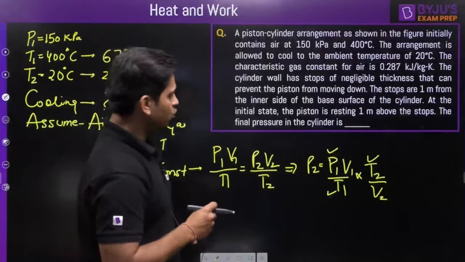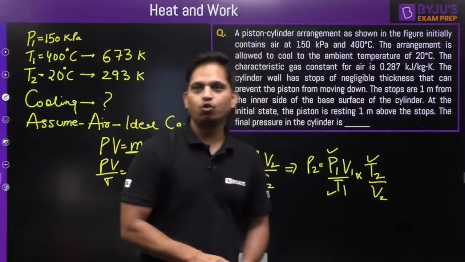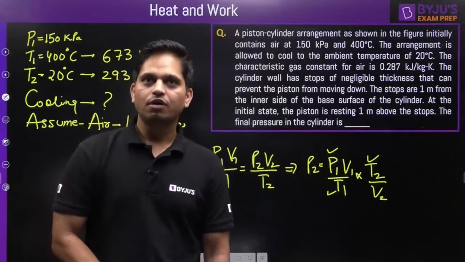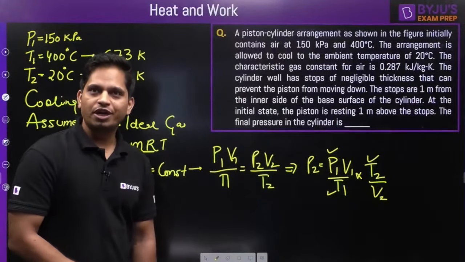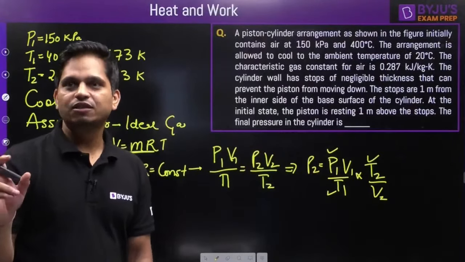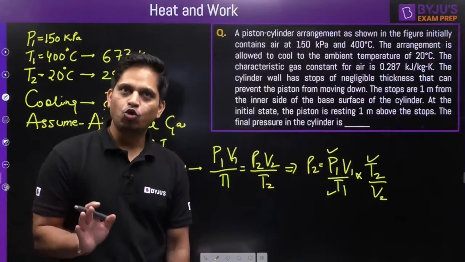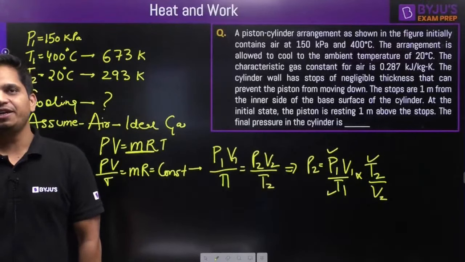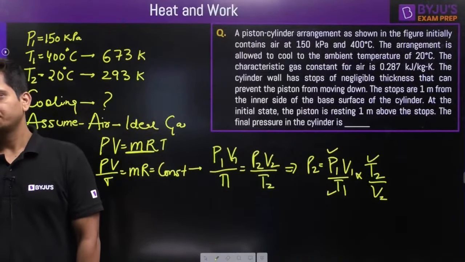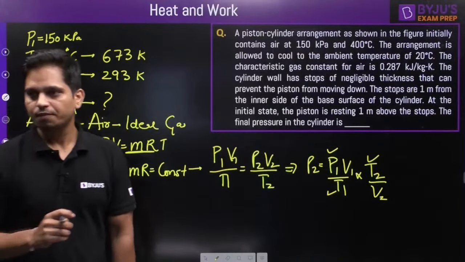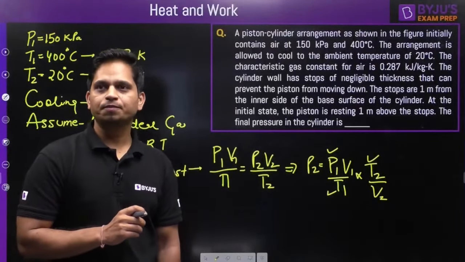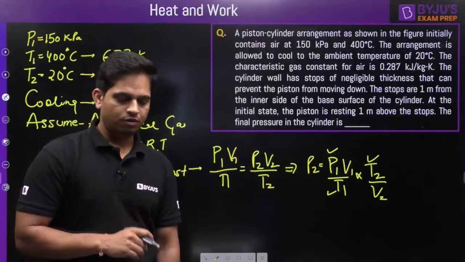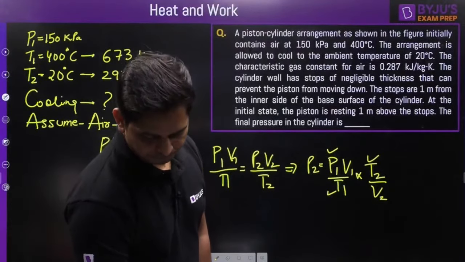And could you please quickly tell me what is the value of P2? Very quickly you put all the values. P1 I know, V1 I know now, it is 2a. T2 also I know, 293. How much is P2?